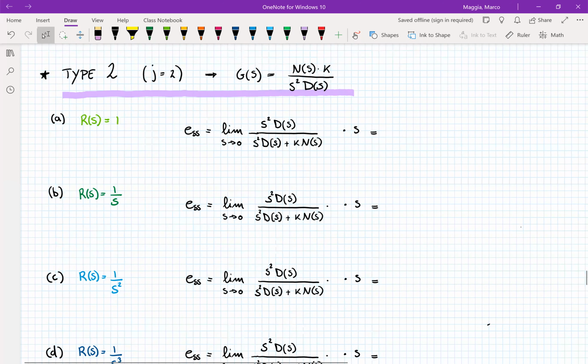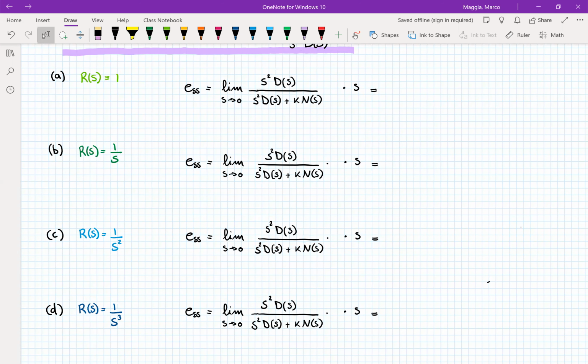I'll leave it for you to see that for an impulsive input, for a step input, and for a ramp input, we have the steady state value for the error that is 0. Whereas for an acceleration input, we're going to have a finite value equal to d at 0 over k times n at 0. Please check it.